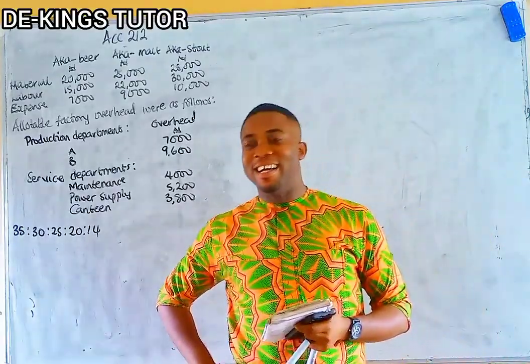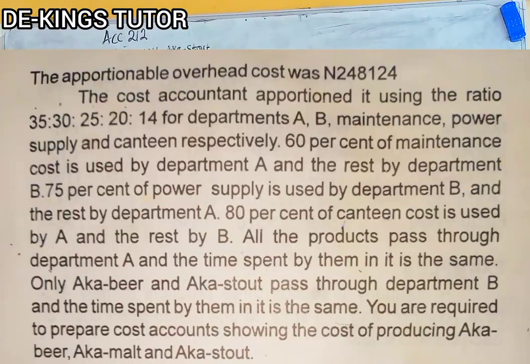Only Akabia and Aka Stout pass through department B, and the time spent by them in it is the same.